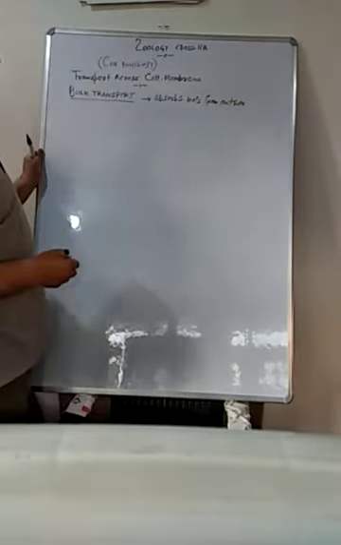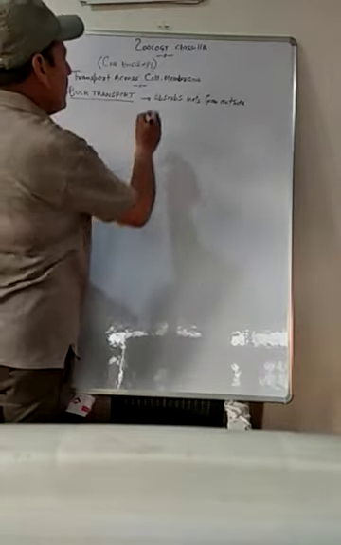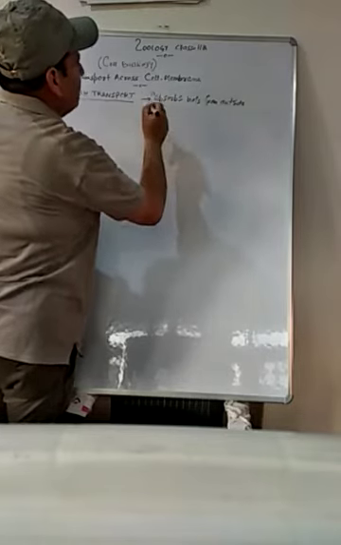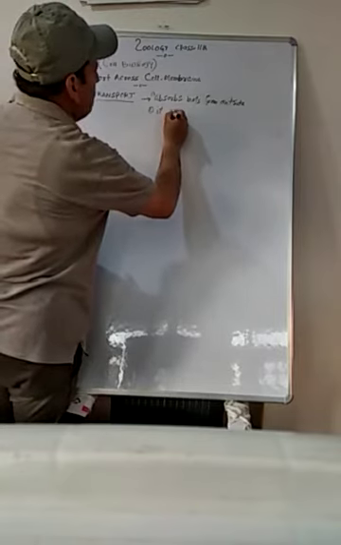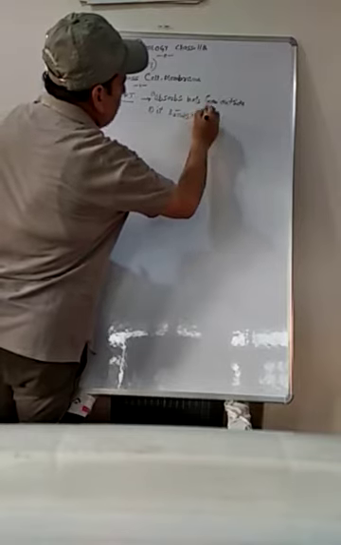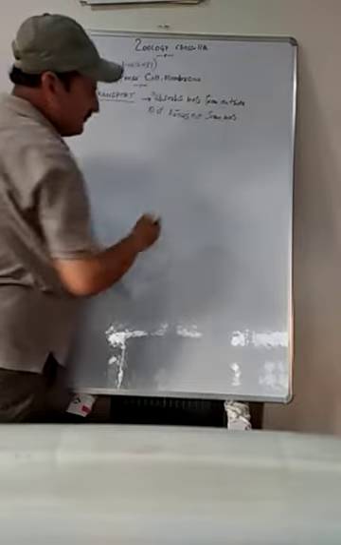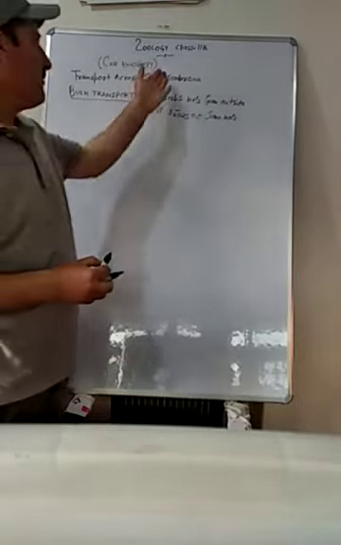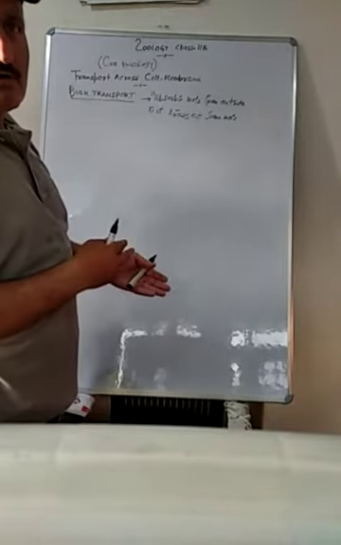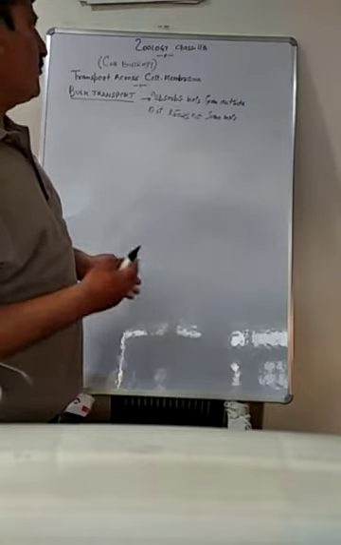A cell is engaged in absorbing molecules from outside through a cell membrane, or second, it throws out some molecules. That means the main function of the cell membrane is that there is intake, or it throws out the molecules.